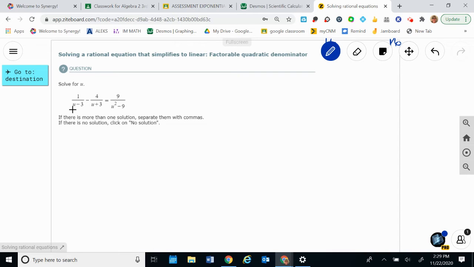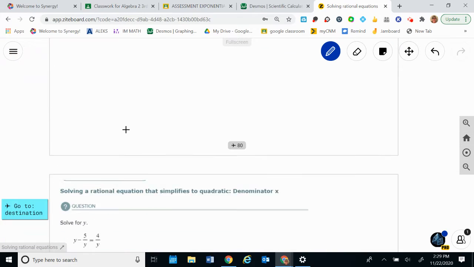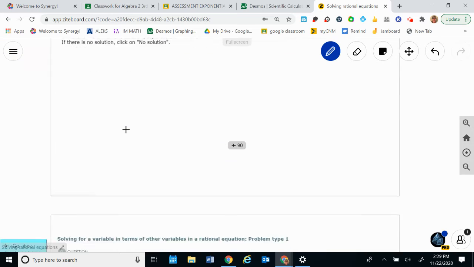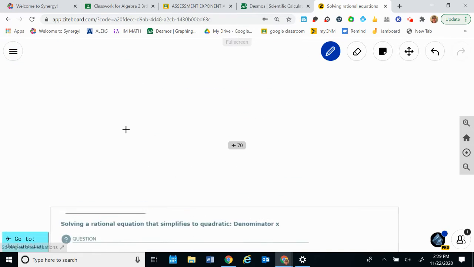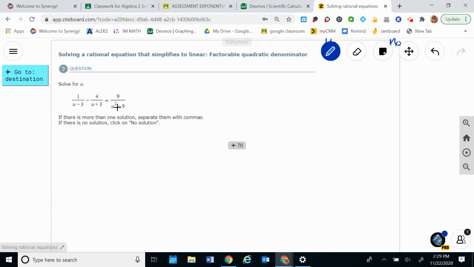So here we go. U minus 3, U minus 3, U squared minus 9. Okay. All right. So again, we need to factor. So you get 1 over U minus 3, can't do anything there. 4 over U plus 3, can't do anything there. 9, factor it.